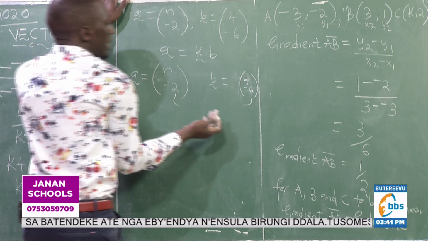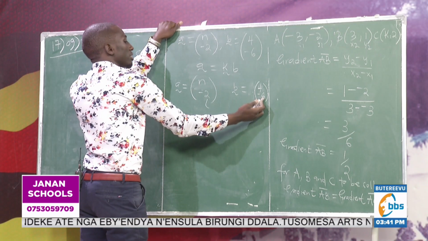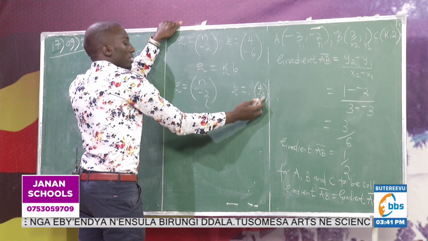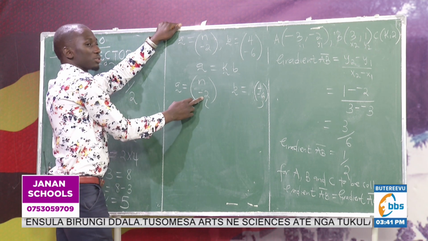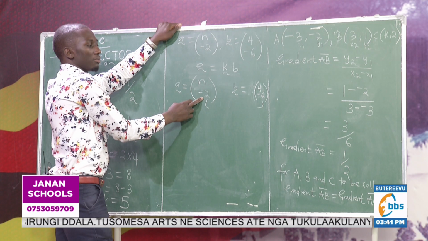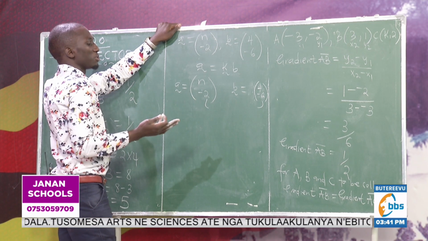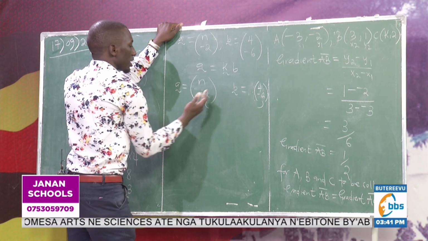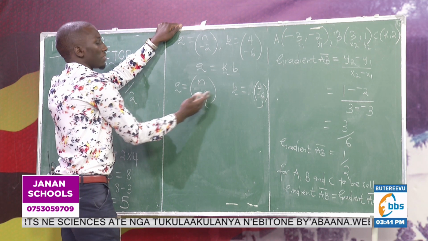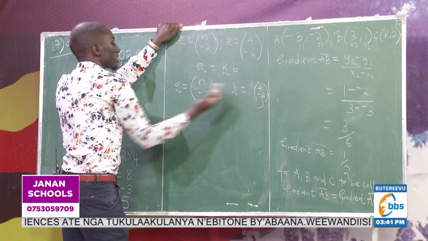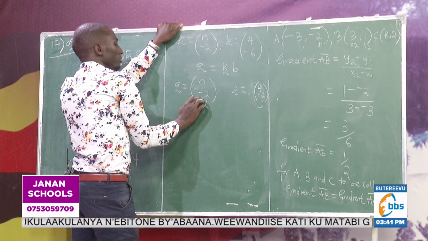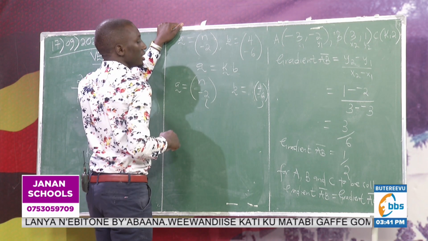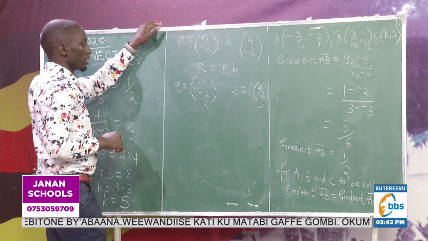Or if I divide negative 6 by 3, I can still get negative 2. I think you are seeing that. So anything that I use, I can divide. Yeah? So look at this.